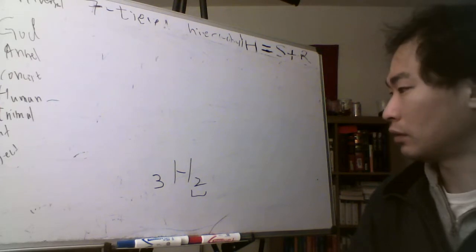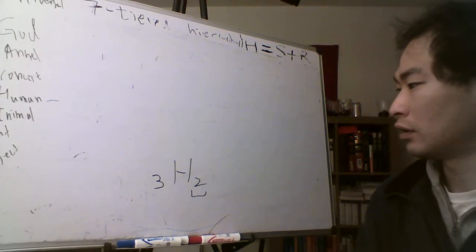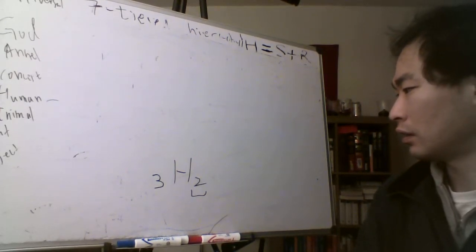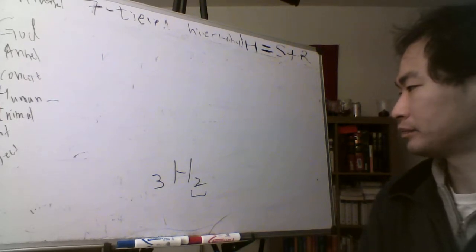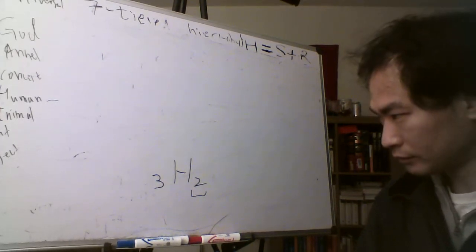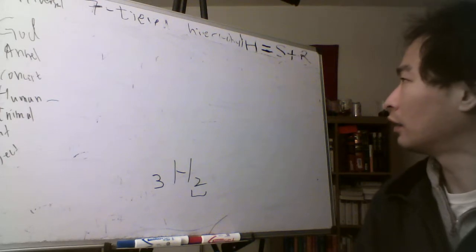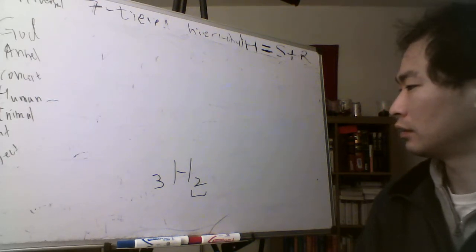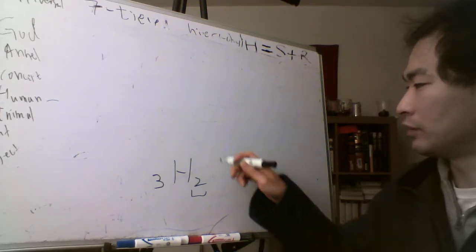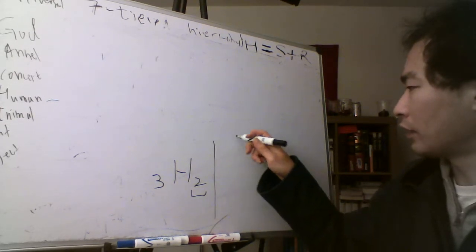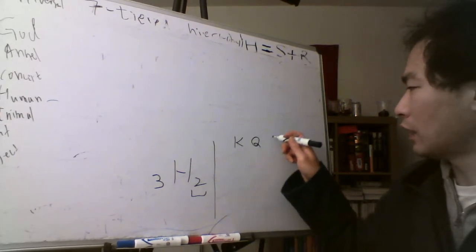All right, so that's what we did. For example, you have a king, queen, and jack.